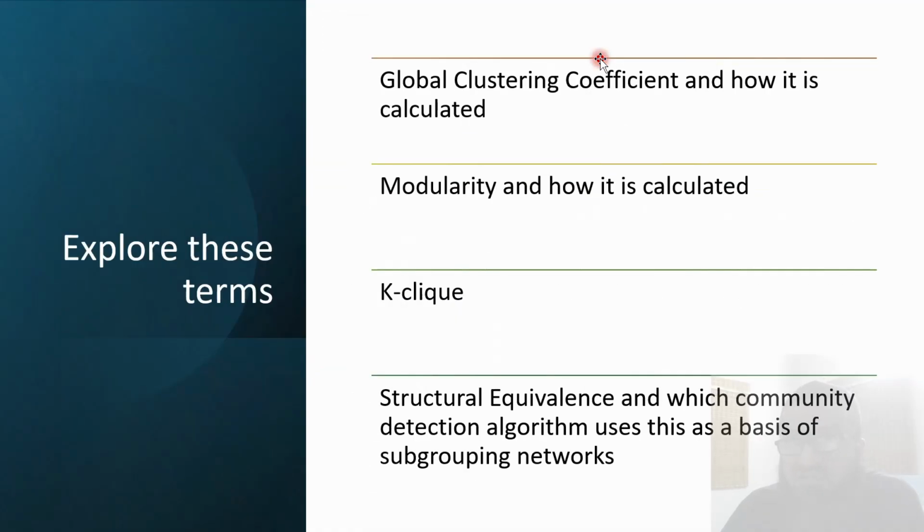So global clustering coefficient and how it is calculated, modularity and how it is calculated. The global clustering coefficient, we have already gone through this concept. This is the average of the local clustering coefficient. The clustering coefficient is to what extent each three nodes of the network are making a triangle, right?